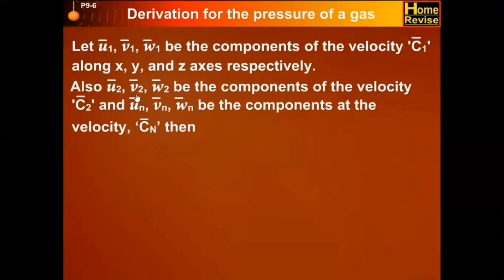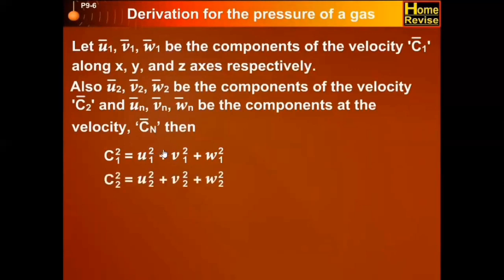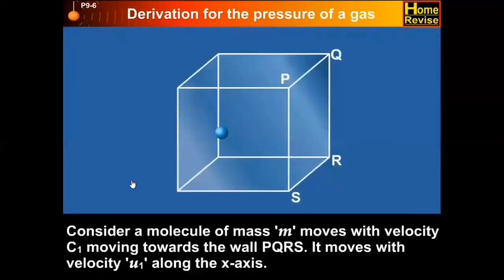So firstly, we take the velocity of one particle: the x-direction velocity, y-direction velocity, and z-direction velocity. When we combine the three velocity components in the three directions, we get the total velocity of one particle. In this way, we can find the second particle and so on up to n particles.